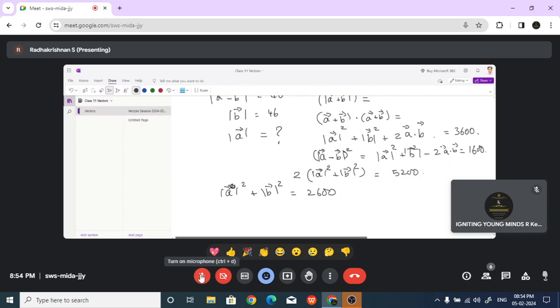But it is given that b is 46, so b square is, what is 46 square? 2116.